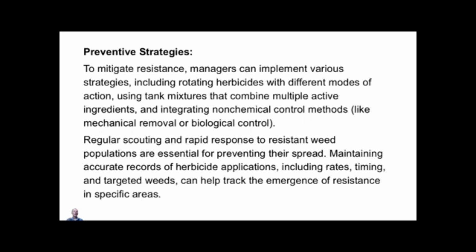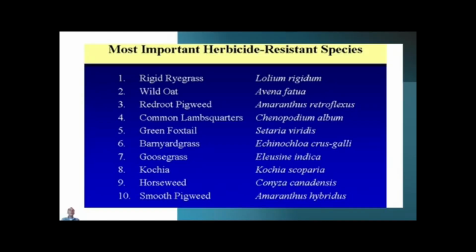Regular scouting and rapid response to resistant weed populations are essential for preventing their spread. Maintaining accurate records of herbicide applications, including rates, timing, and targeted weeds, can help track the emergence of resistance in specific areas.